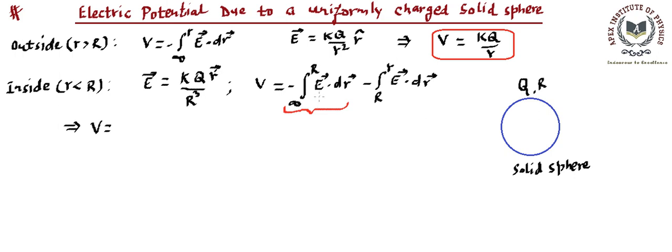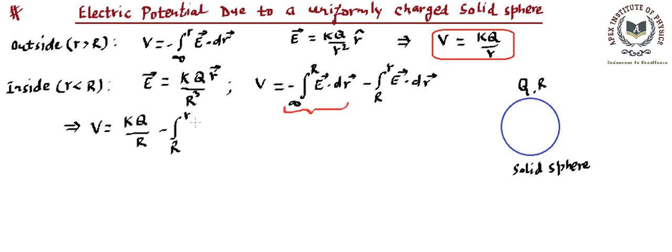So the first part is from the outside field, hence this integration will have the value KQ divided by capital R minus. Now the second integration will use the field that we have listed for the inside part. So let's place it there. It will go from capital R to small r.